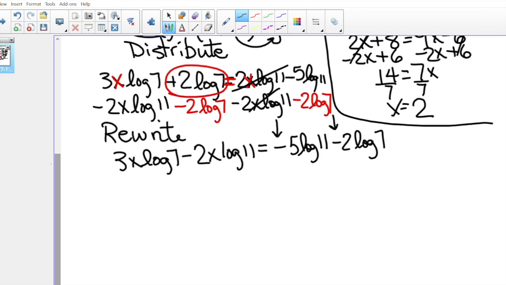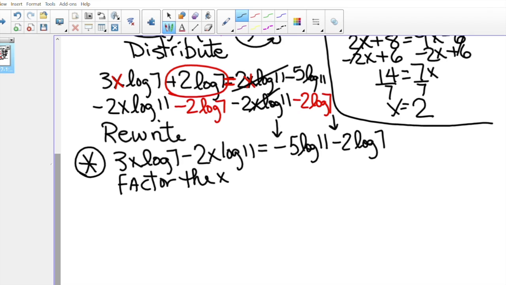Now, again, this is where I always put a star here, because to solve for x here, we've got to factor out the x.